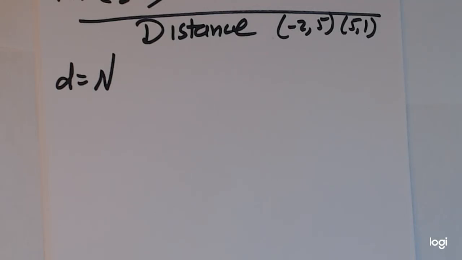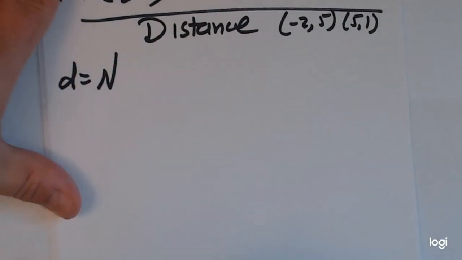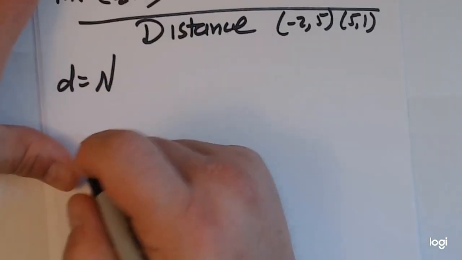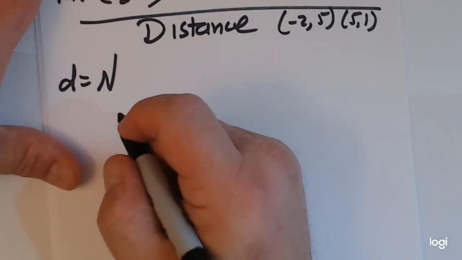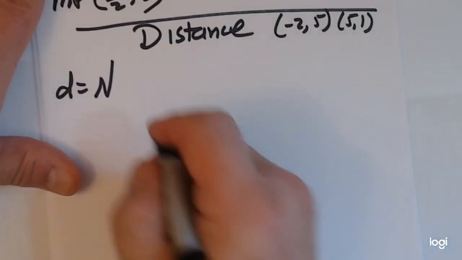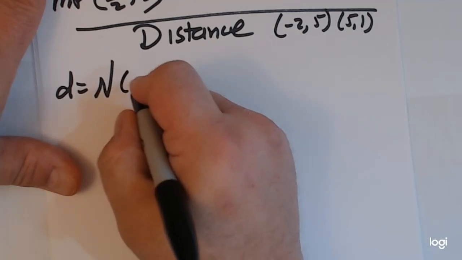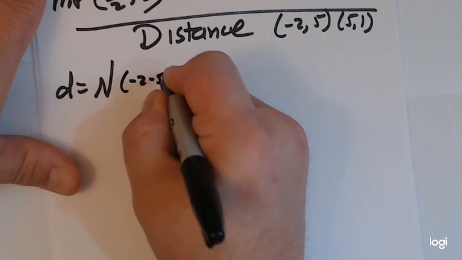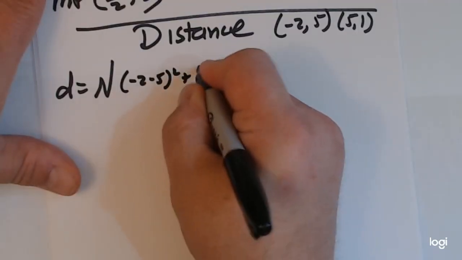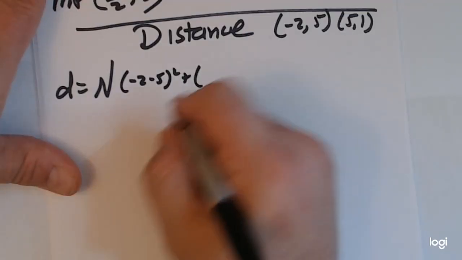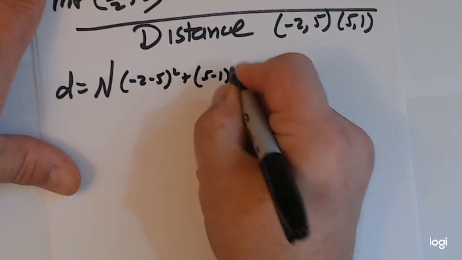I need a little drink of water here. Okay. So the distance is going to be negative 2 minus 5 squared plus 5 minus 1 squared.